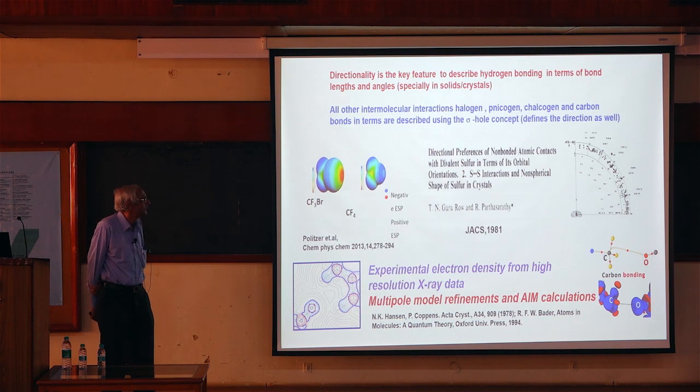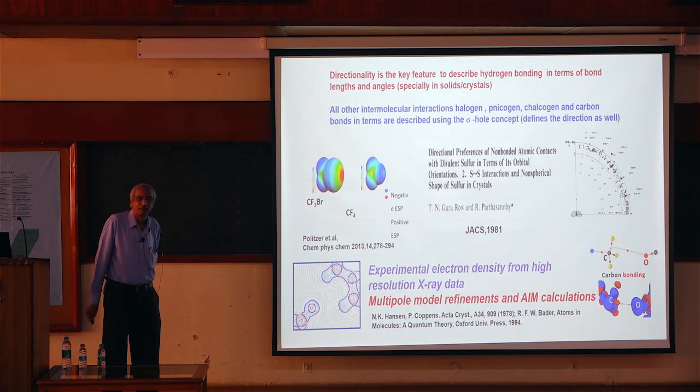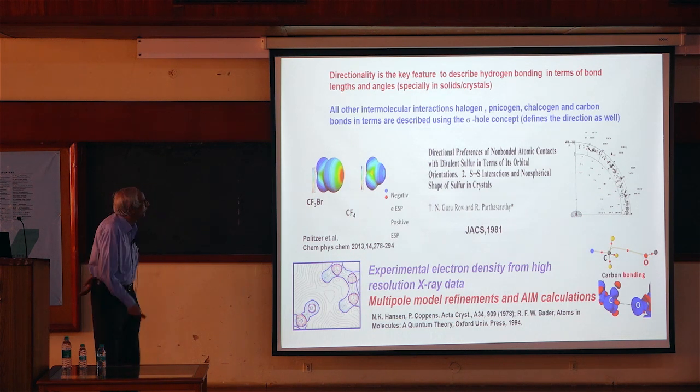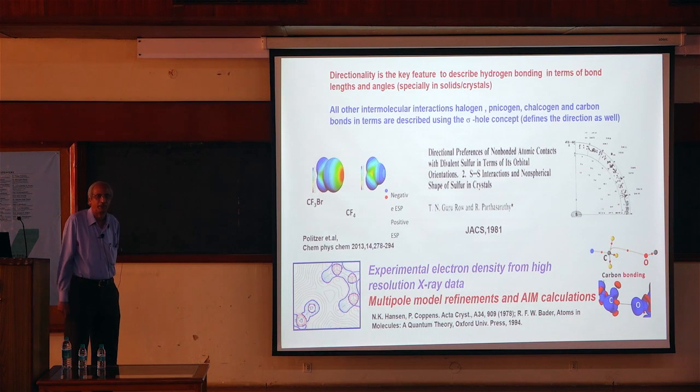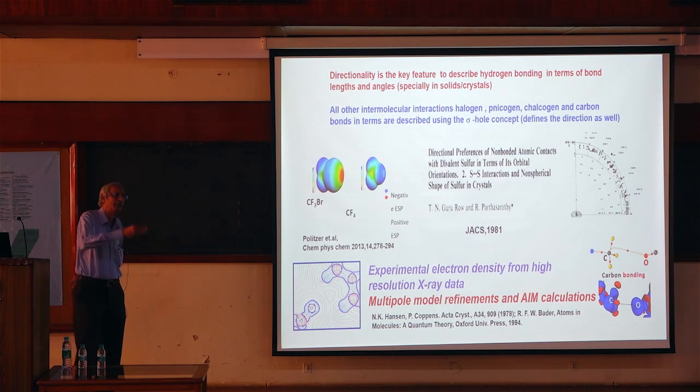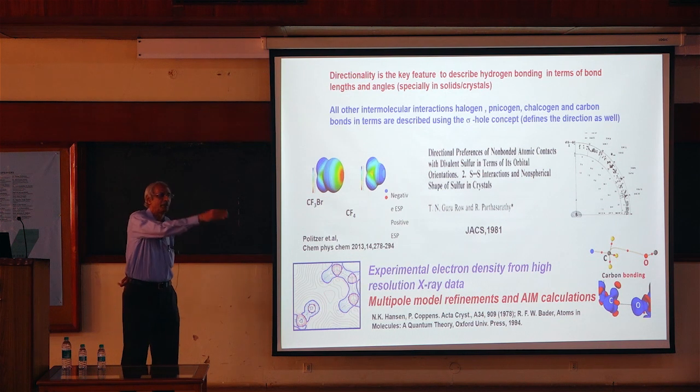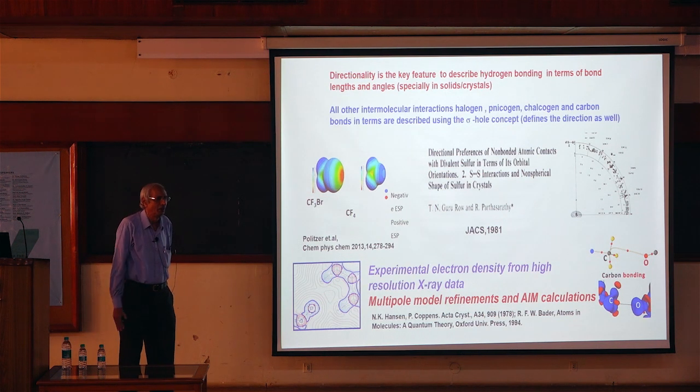The other intermolecular interactions like halogen bonding, pnicogen bonding, chalcogen bonding, carbon bonding, all these, involving elements in the periodic table from group 14 to 17, have these kinds of non-covalent interactions, which are also highly directional. This has been established in recent times.